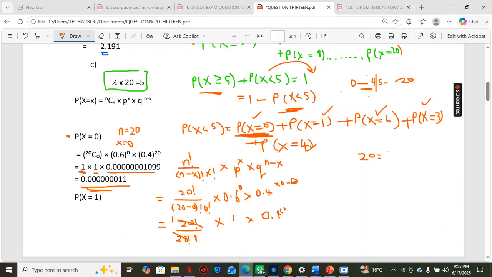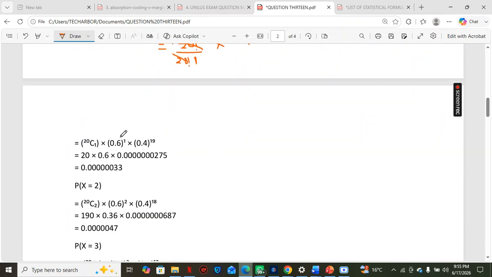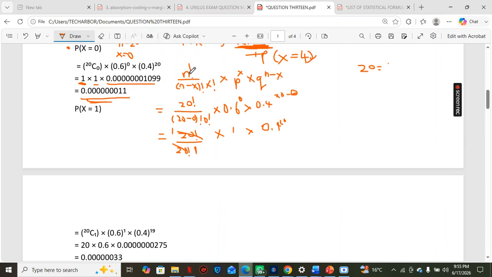So the process will continue because you have to find out the probability that 1 student prefers working in the banking industry. Okay, so you're going to use this formula again. n is 20, x is going to be 1. You're going to have 20 factorial over 20 minus 1 factorial, this is n minus x, multiplied by 1 factorial.